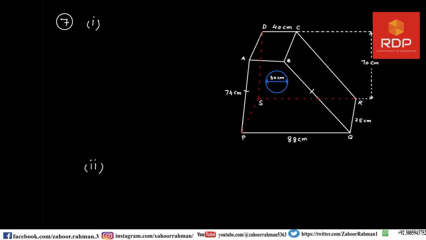In the first part we have to find the volume of solid, and that will be equal to 1 over 2 into 40 plus 88 into 70, and that is the area of the trapezium.